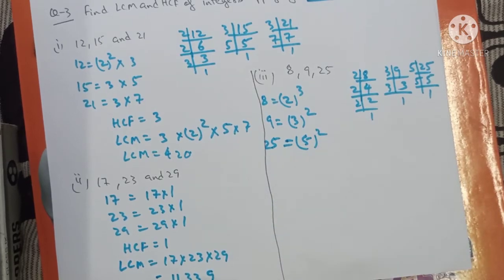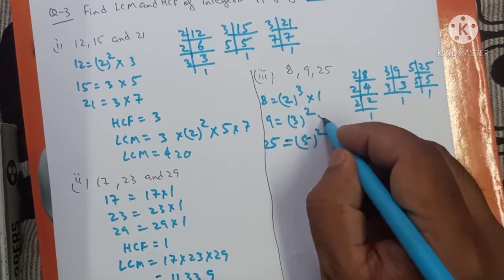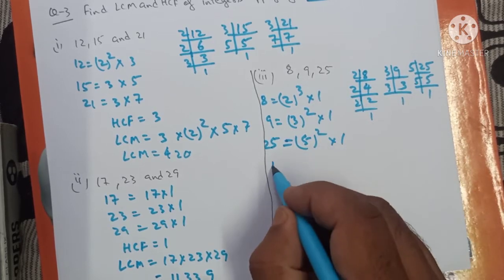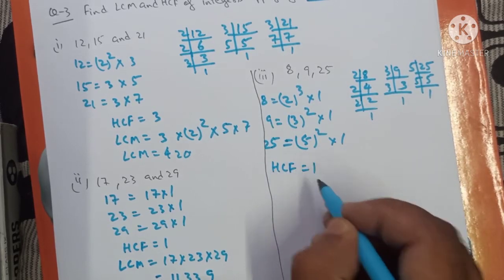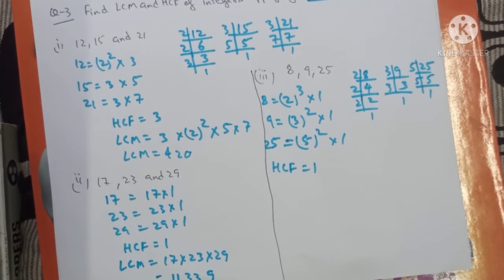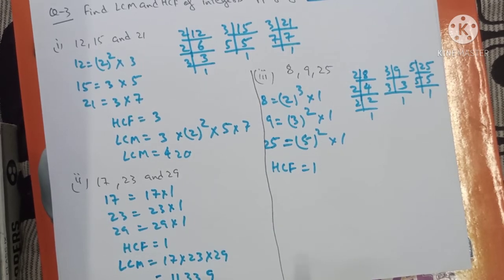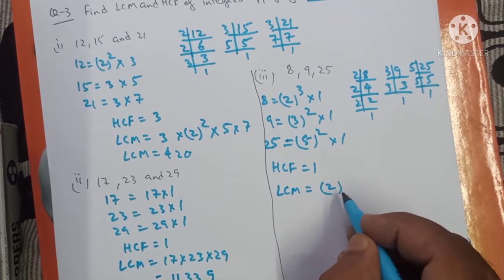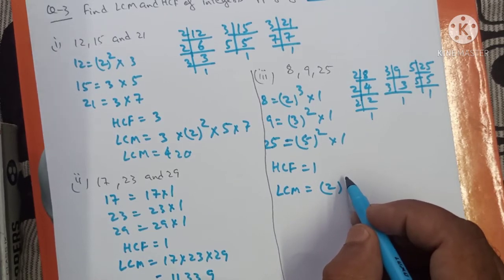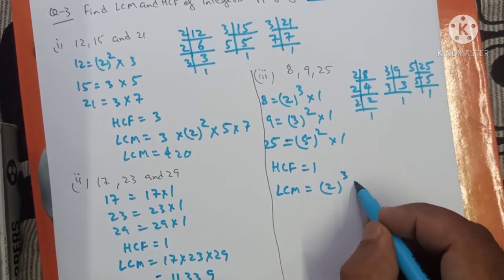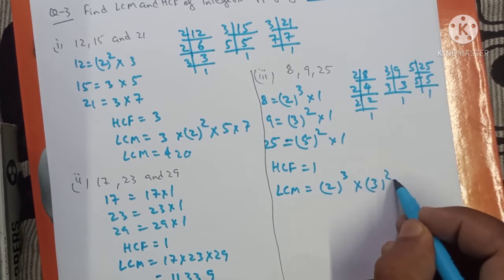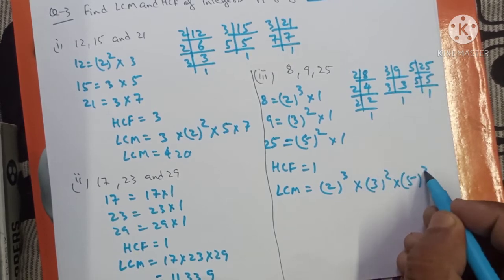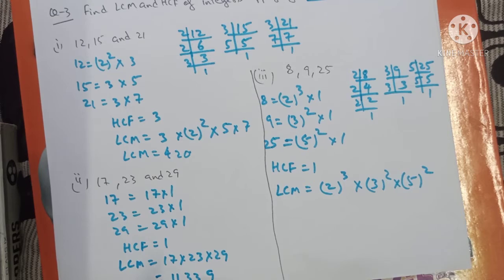So here also the highest common factor will be 1 only. There is no common factor other than 1. So these three numbers are also co-prime numbers. And now if we talk about LCM, it will be the product of the common factors multiplied by the non-common factors, raised to their highest power.